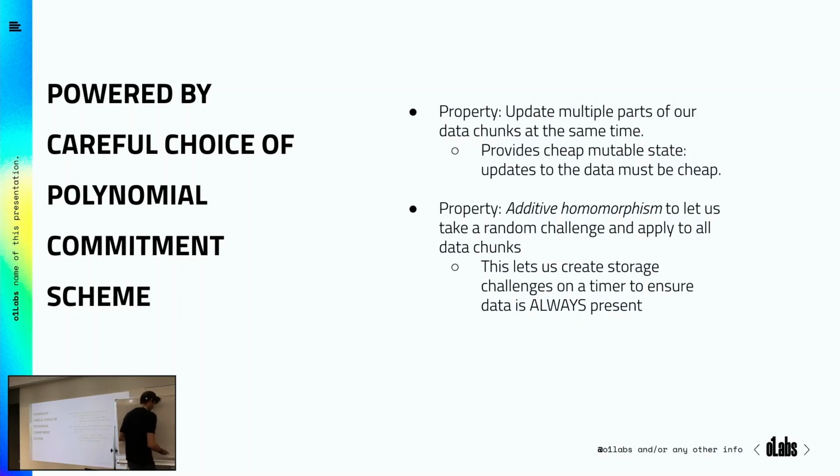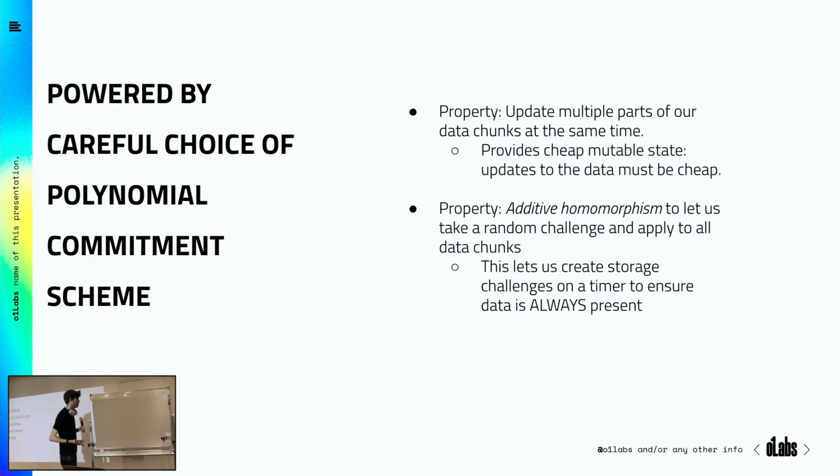So, okay, I'm going to talk about a vector commitment. So what is that? If I have a vector, so I have some stuff, this is not a very rigorous mathematical definition, but I can commit to that.